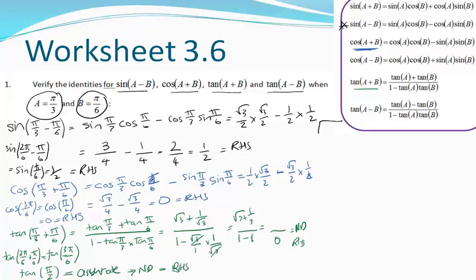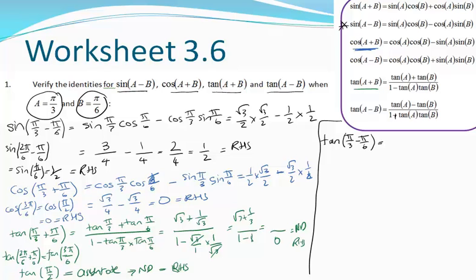Okay, so we'll look at our final one here. We have tan of A minus B, and we notice we've got a mistake in this equation here. So we have tan of A minus B is pi on 3 minus pi on 6.